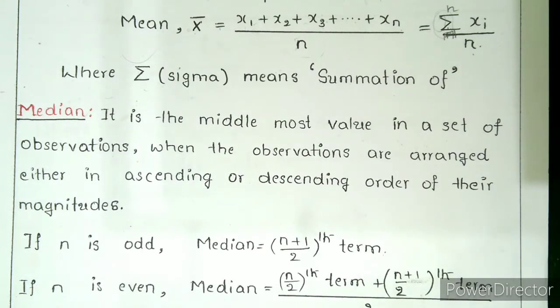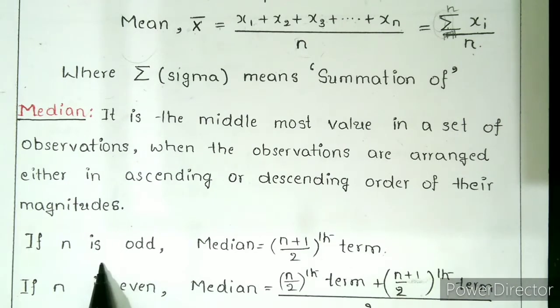So first we have to arrange the data in ascending or descending order, then find the middle term. That itself is the median.